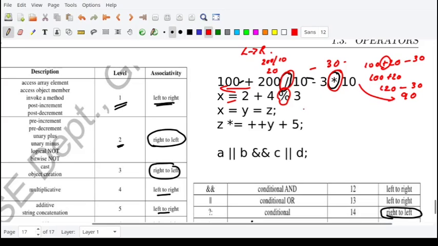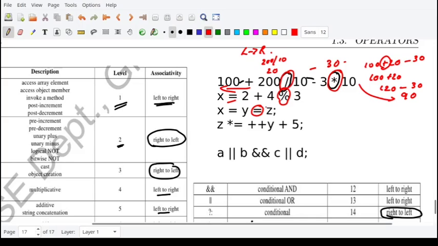Then the third example is x equal to y equal to 3. All have the same precedence. You know that they have associativity from right to left. So first, the rightmost equal to will be evaluated, because equal to, the assignment operator, has got associativity from right to left.